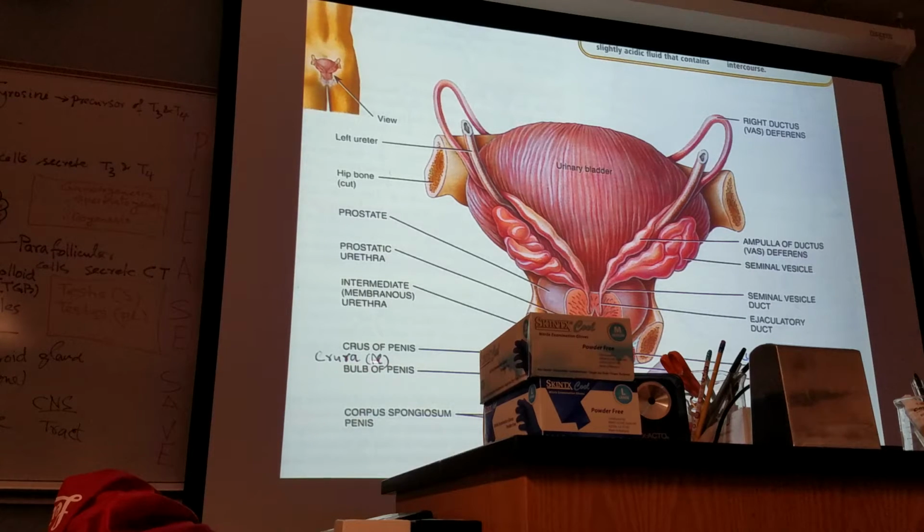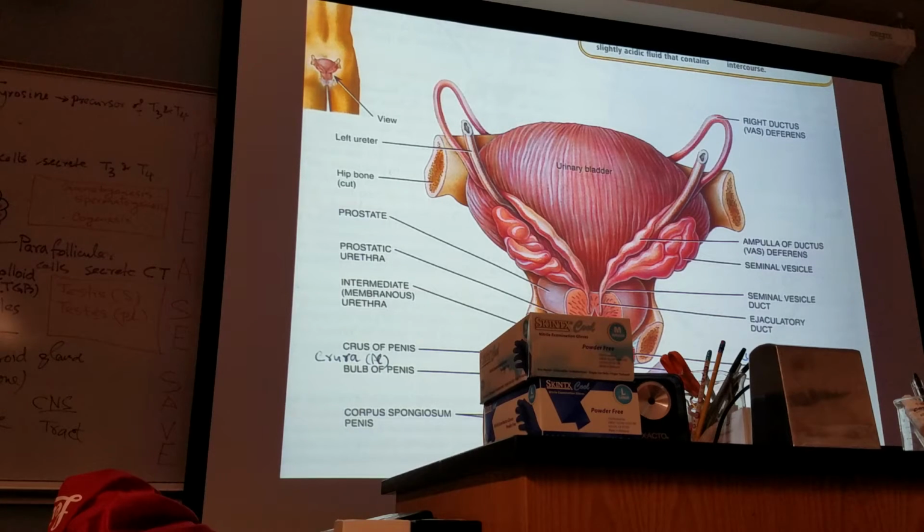One crus, two crura. Anyway, this is the corpus spongiosum. This end is called the bulb of the penis. So the bulb of the penis and the crura of the penis together form the root of the penis. Okay? And this is the spongy urethra.